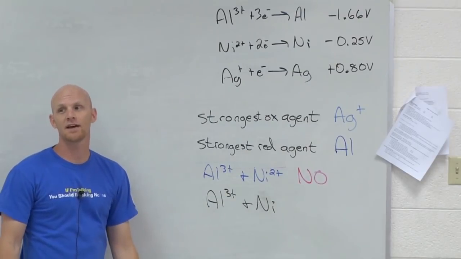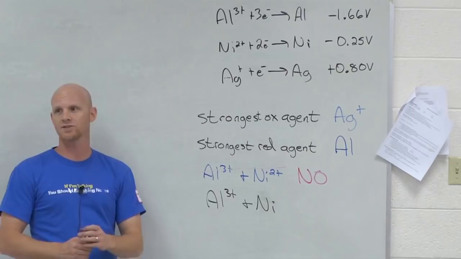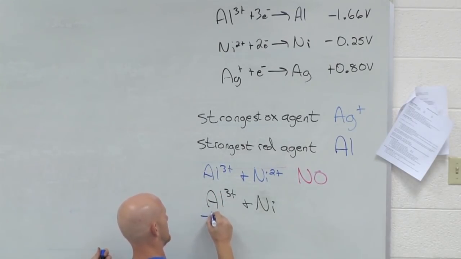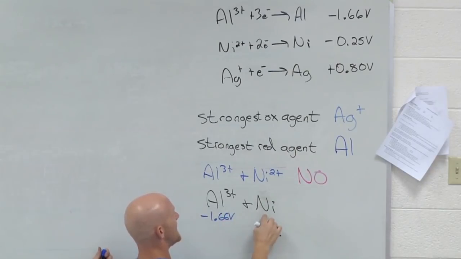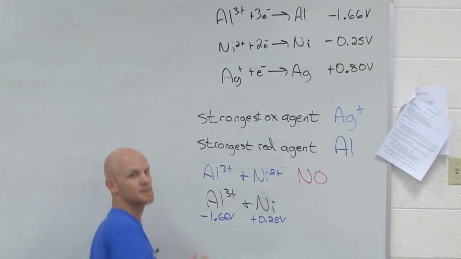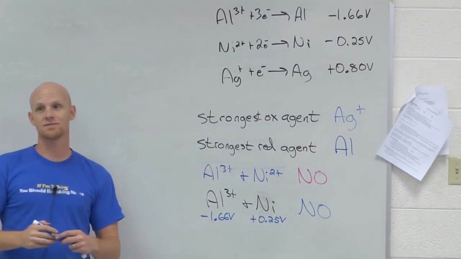But now I have to say, is it spontaneous? Now that I at least have a chance, I've got to do some number crunching. When Al3+ gets reduced, what's the voltage? Negative 1.66 volts. When Ni gets oxidized, what's the voltage? Positive 0.25. Awesome. Would they react spontaneously then? No. So it's still a no, but I had to do a calculation to figure it out now.